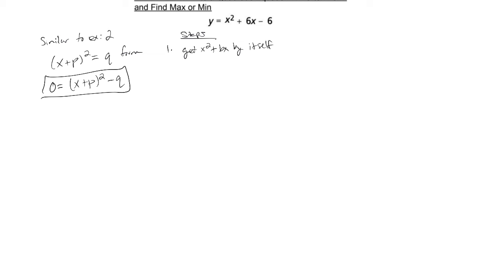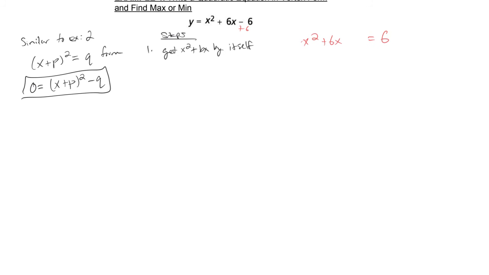All right, so x squared plus 6x equals, actually we'll leave it blank, and we'll set it equal to positive 6 because we need to add 6 to the other side.